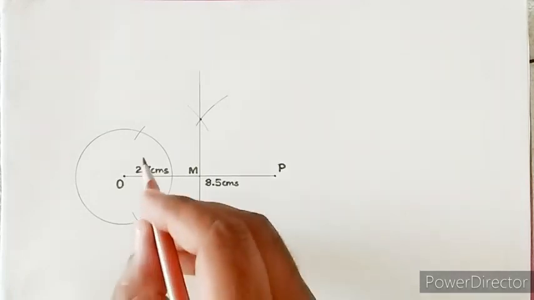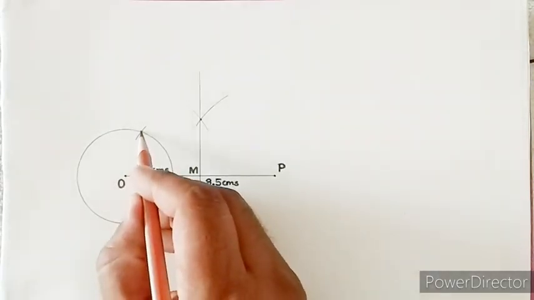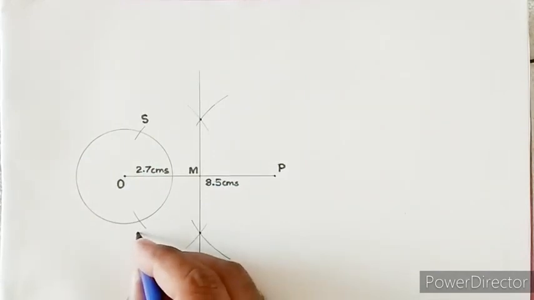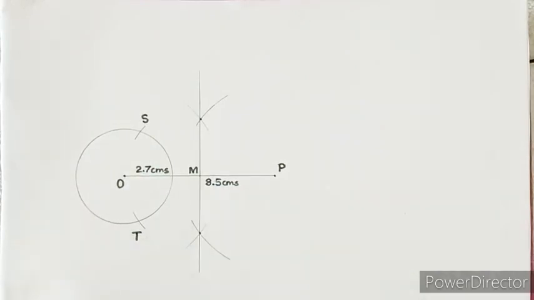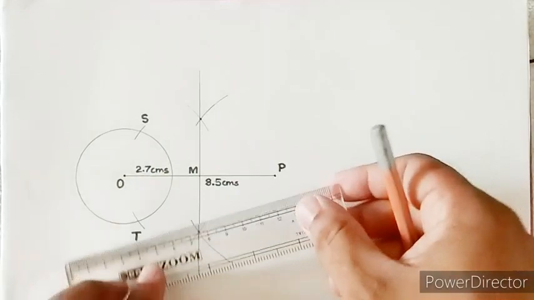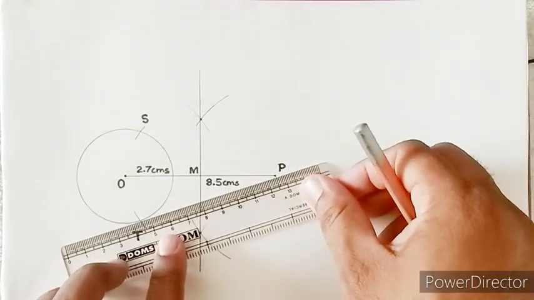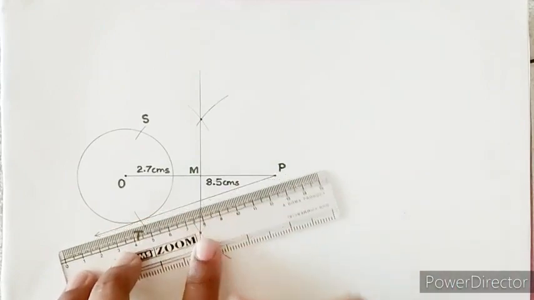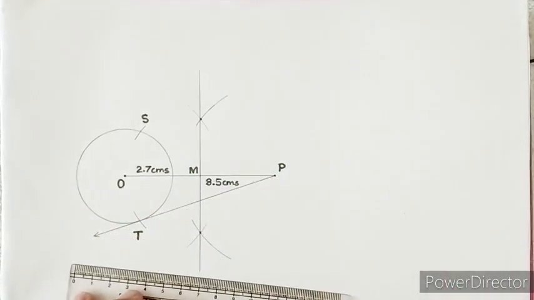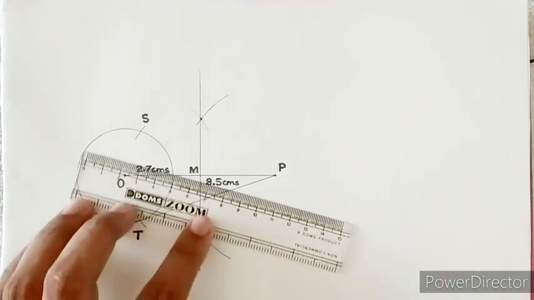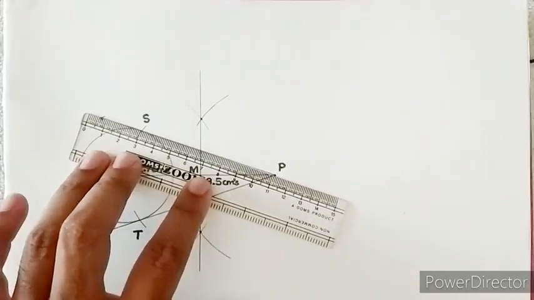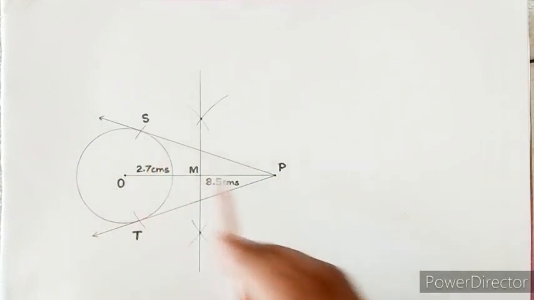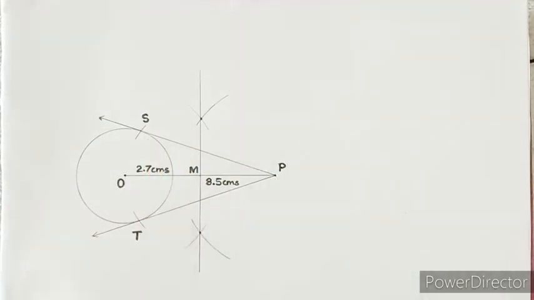So let this point be our S and this point will be our T. Now let's join the points with the scale. The other one also. So these are our tangents PS and PT.